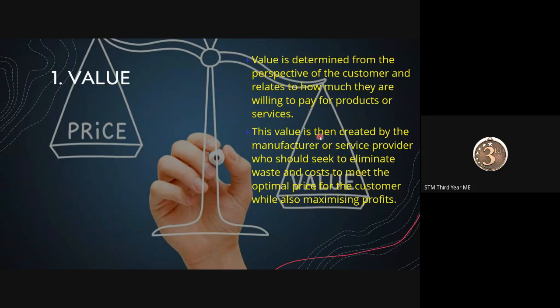Next, this value is then created by the manufacturer or service provider, who seeks to eliminate waste and cost to meet the optimal price for the customer while also maximizing products. If the customer finds that a product is worth only this much, or only this price, then the company looks at that price and minimizes all the waste incurred, so as to obtain a manufacturing cost below the customer's optimal price.